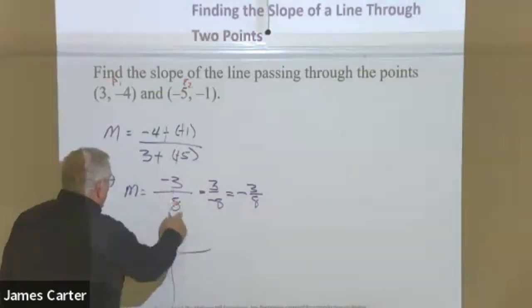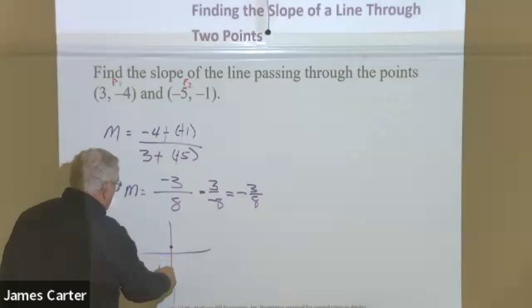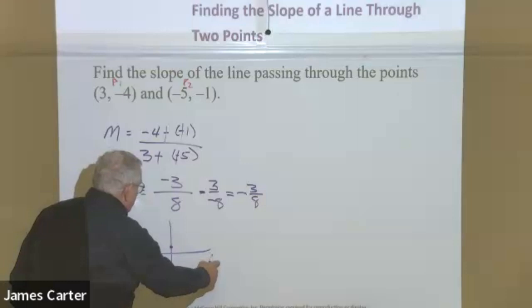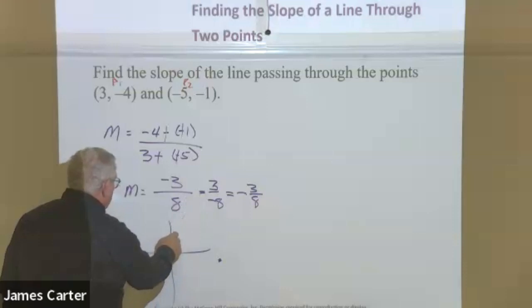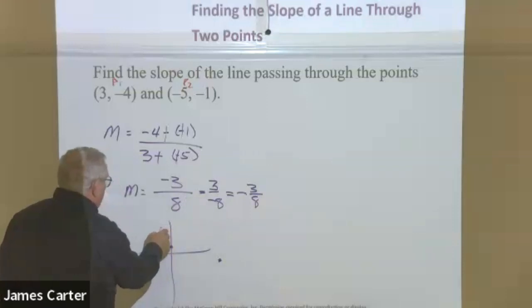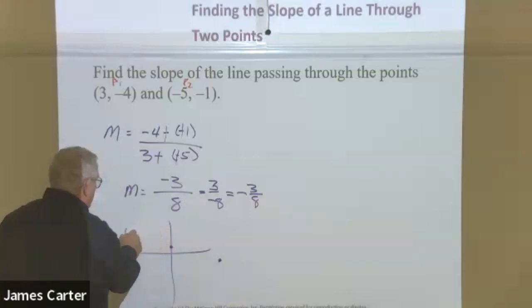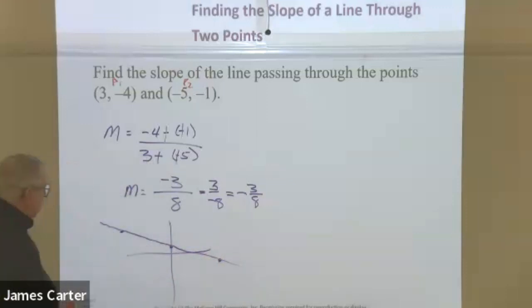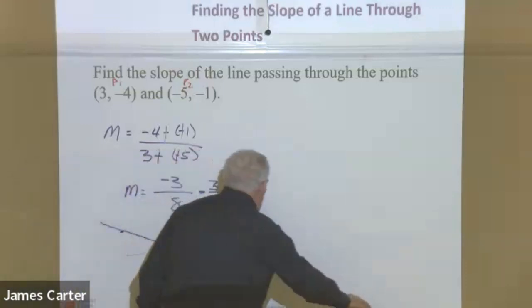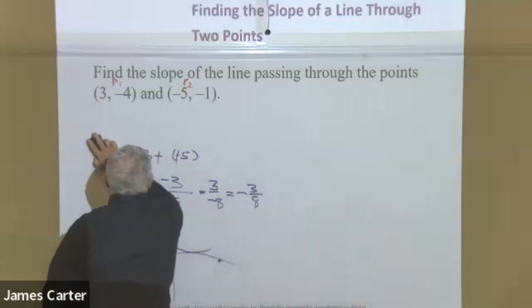So I can either go down 1, 2, 3, and over 1, 2, 3, 4, 5, 6, 7, 8, or I can go up 3, 1, 2, 3, and negative direction 8. And you see they all go through the same line. Okay. Now we'll go ahead and let them work this.